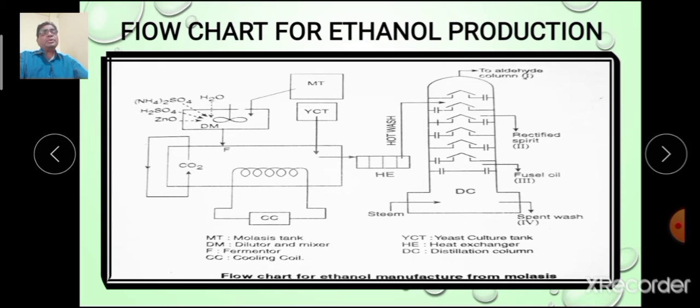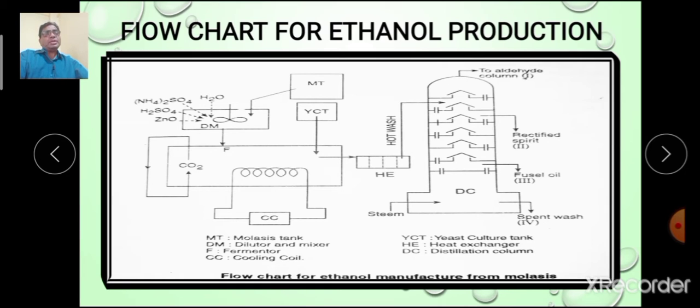The molasses stored in the molasses storage tank is diluted by adding water to reduce the percentage of sucrose to 10 to 15%, and this much percentage is suitable for the yeast to act.